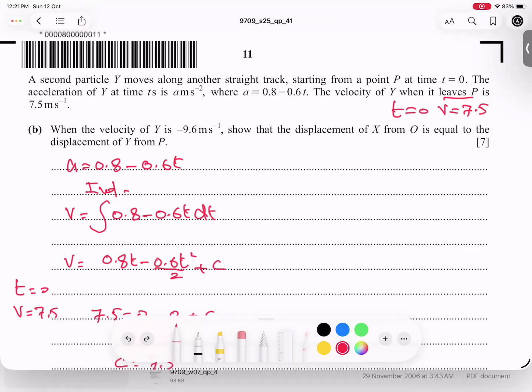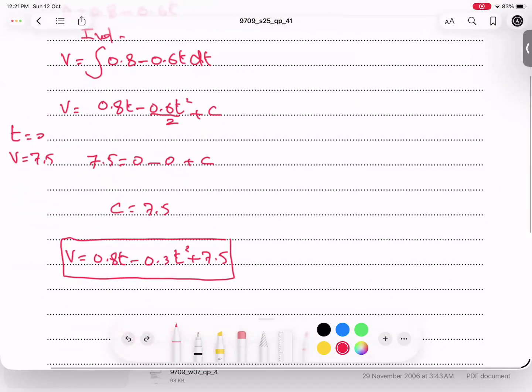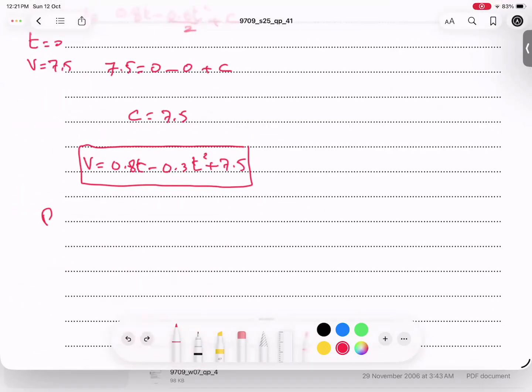We have to find the time when velocity is negative 9.6, and then at that particular time, we have to check the displacement for x and y are equal. So job number 1, I'm going to plug in velocity here, negative 9.6.